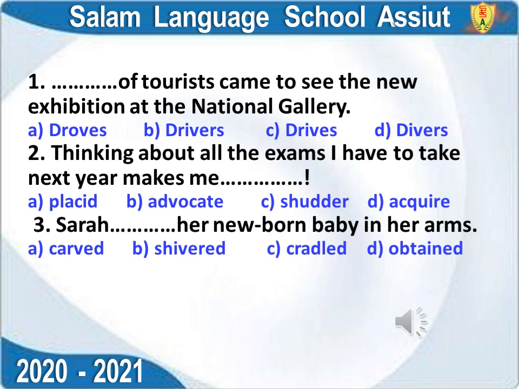Number 3. Sarah cradled her newborn baby in her arms. Which answer? Exactly, correct. Letter C. Cradled. Took hold of the newborn baby in a nice way.